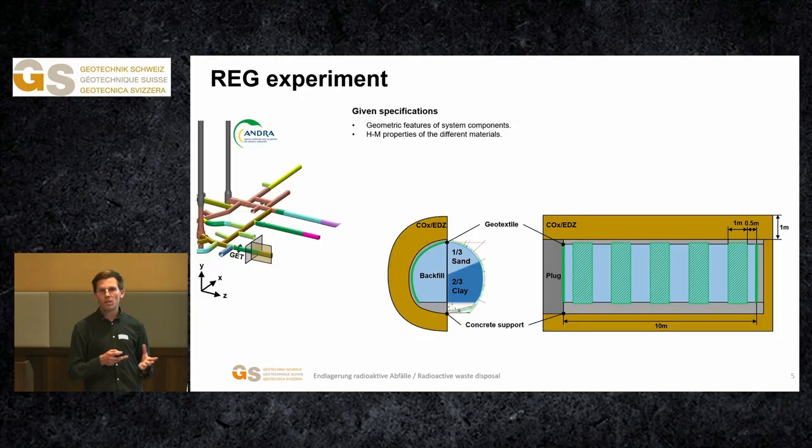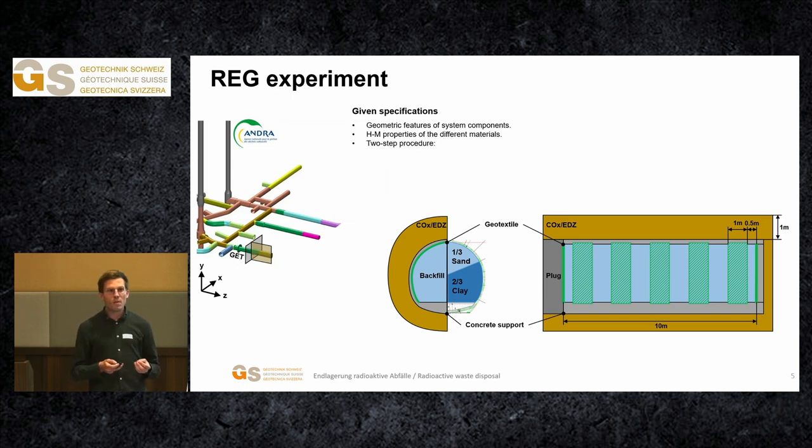All these components have their own hydromechanical properties, and especially we are focusing on two types of backfill materials: a full section of sand-dominated backfill material on the one hand, and a two-layer mixture also including a clay-dominated backfill composition on the other end.